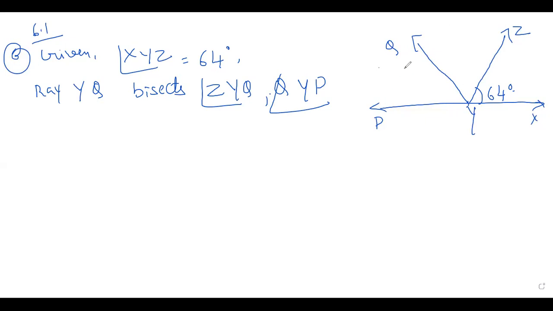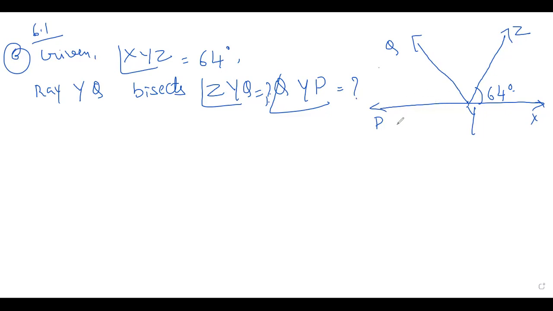See, what do you have to find here? You have to find these two angles, children, ZYQ and ZYP.